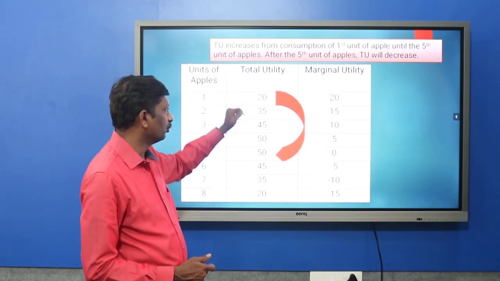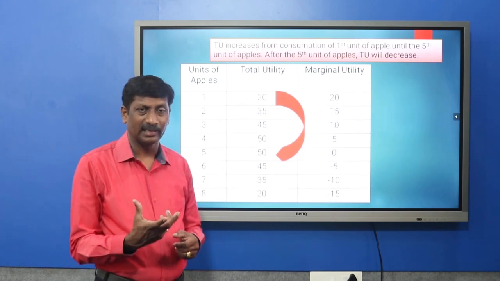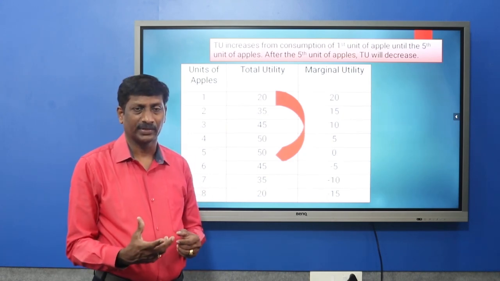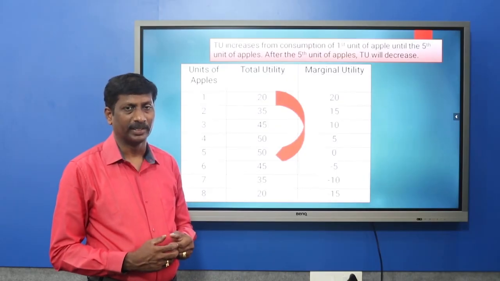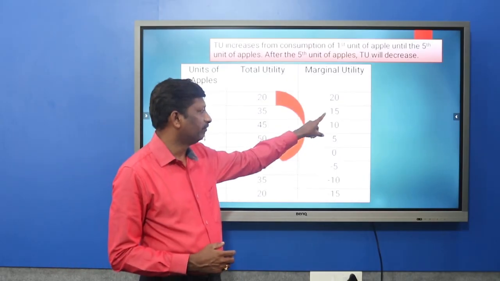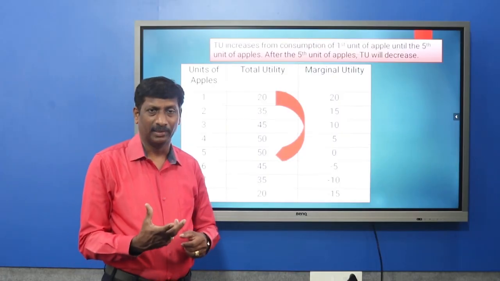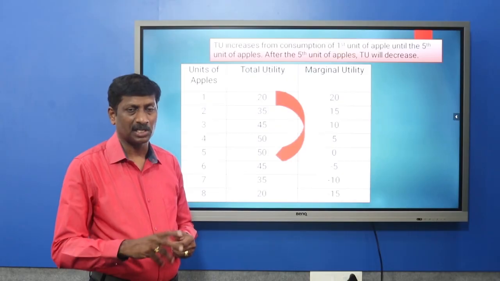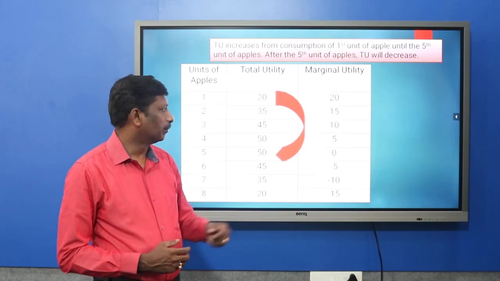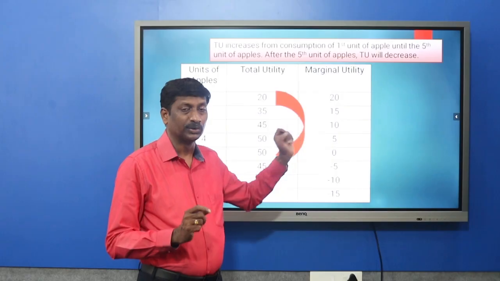So from the first apple, he gets 20 utils of happiness, and marginal utility is 20. Then he moves to the second apple. The second apple, an additional unit of the commodity, provided him only 15 utils of happiness.